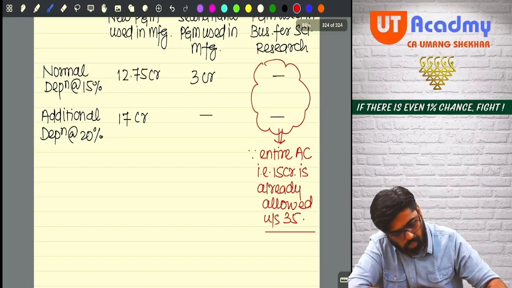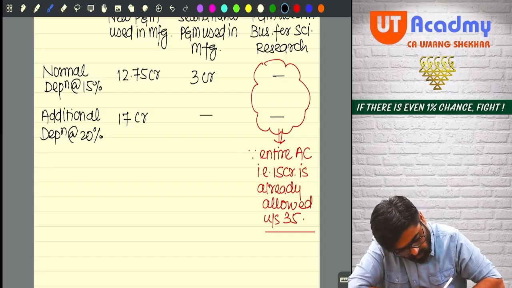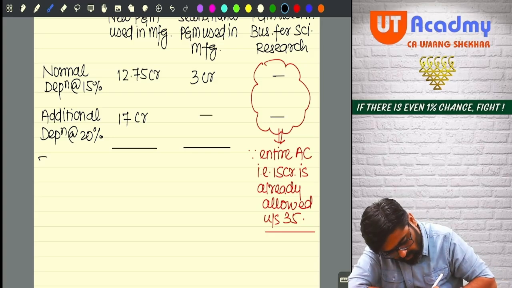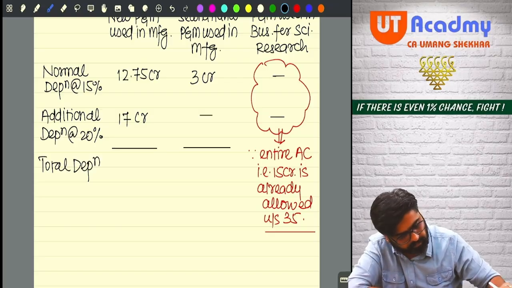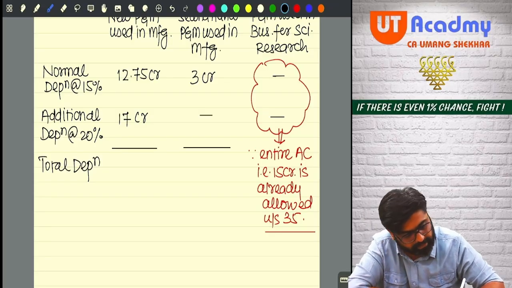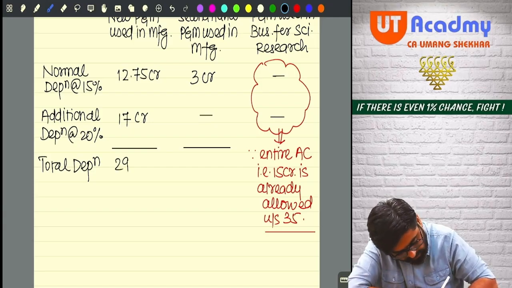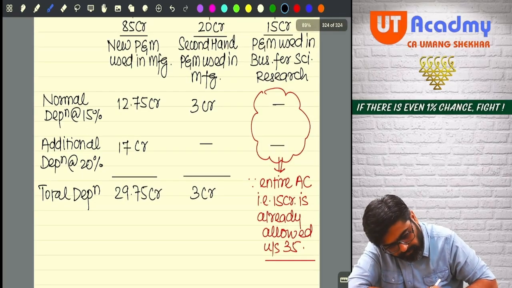Now tell me, how much is this and how much is this? Total depreciation: 12.75 plus 17 will give me 29.75 CR. And here it will be 3 crore. Getting my point?